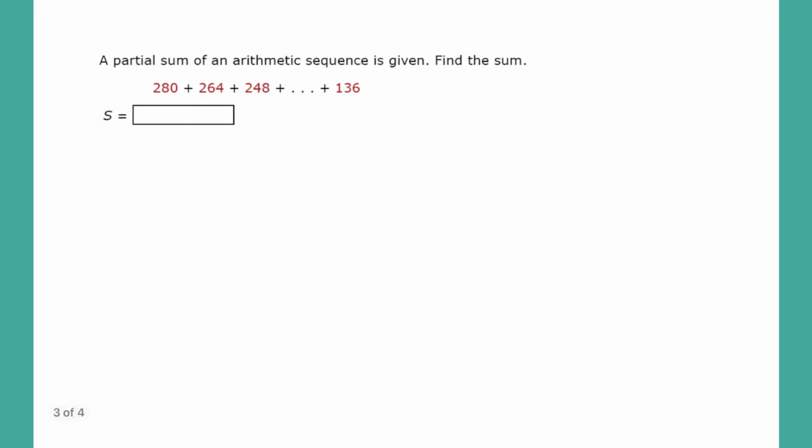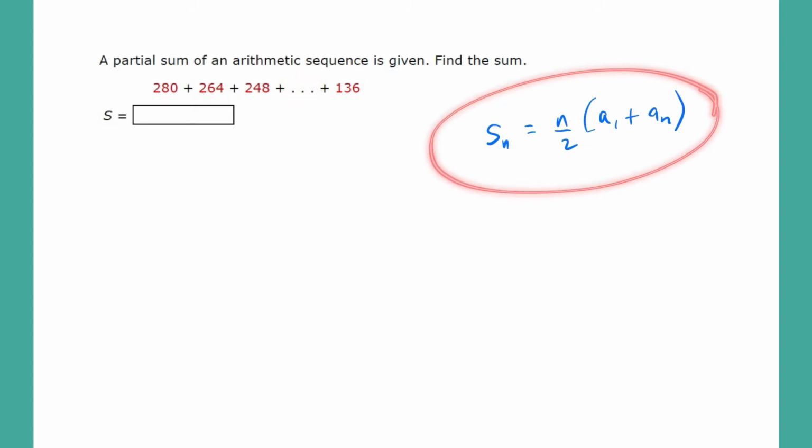All right. So this time they gave us a partial sum of an arithmetic sequence. They want us to find the sum. All right, so we're going to use the same formula. However, we don't know the last term. I'm sorry, we do know the last term. We don't know how many terms there are. So in this formula, what we're missing is n.